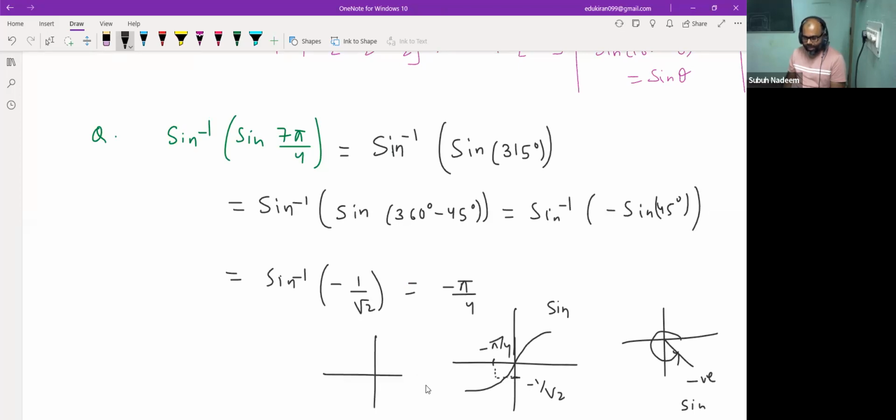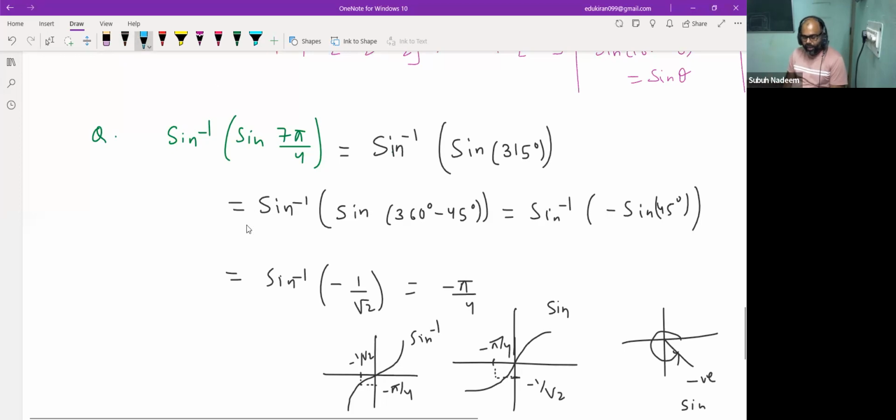Or if you go for the sine inverse graph, it would be like this. Minus 1 by root 2 will be here, and minus pi by 4 will be on the y-axis. So any one graph you can see for your reference.